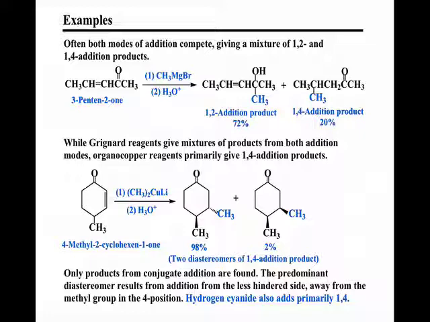However, let's say John is taking this alpha-beta unsaturated ketone, this 4-methyl-2-cyclohexen-1-one, and he's reacting it with, what kind of reagent is this? We've seen these before. Those are organocuprates. Where did we see those before?